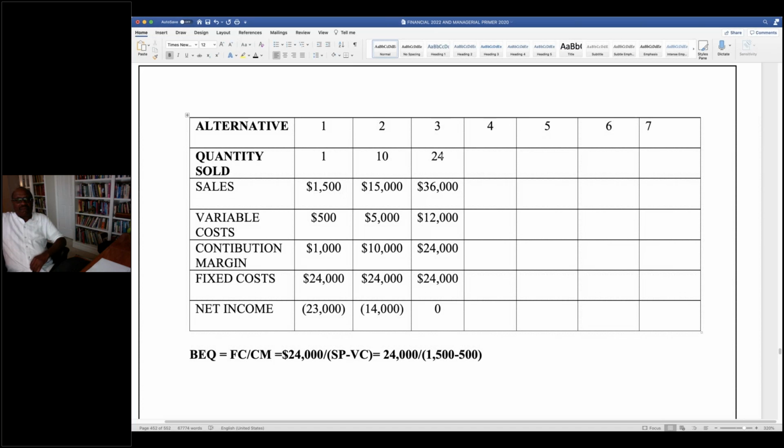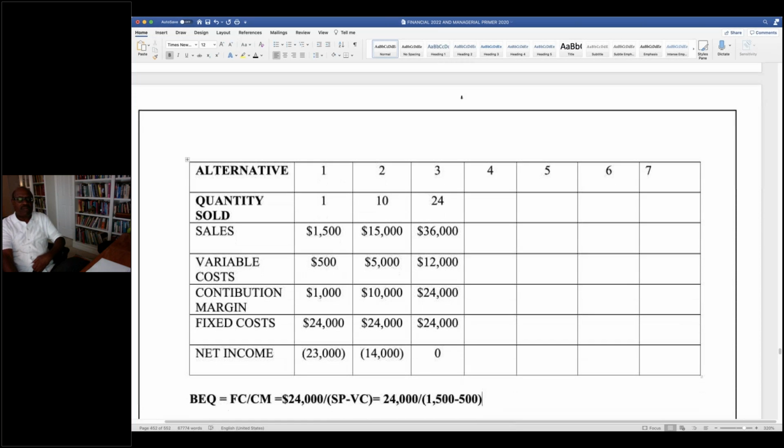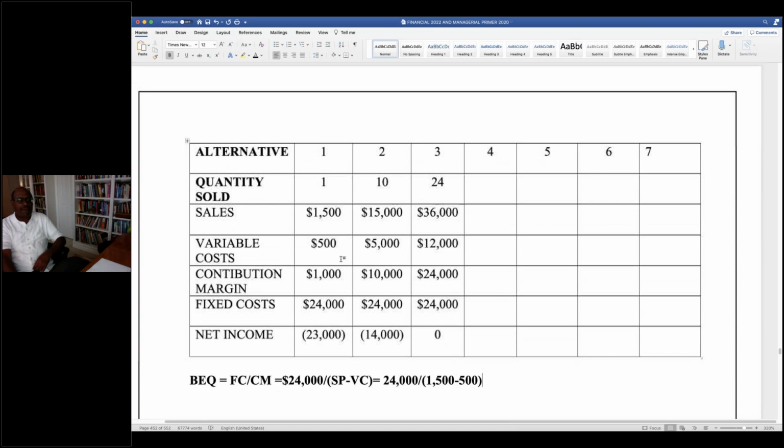Professor Boyd, how'd you get the 500? Well, if we look in this first column, selling price is 1,500. Variable cost is 500. Fixed cost is 24,000. So those are our assumptions. So we said that you're supposed to memorize these formulas. Break-even quantity equals fixed cost divided by contribution margin. And contribution margin is selling price minus variable cost.